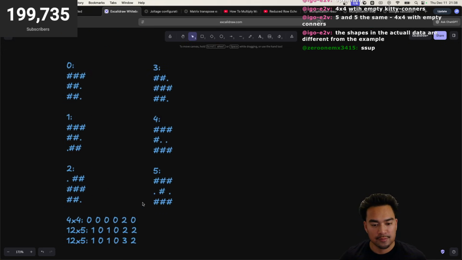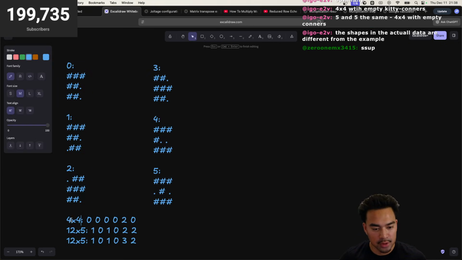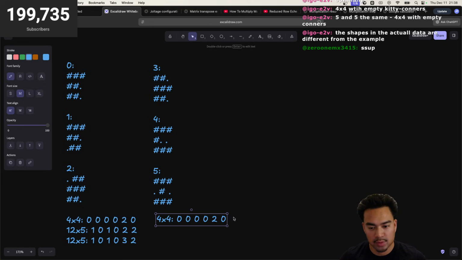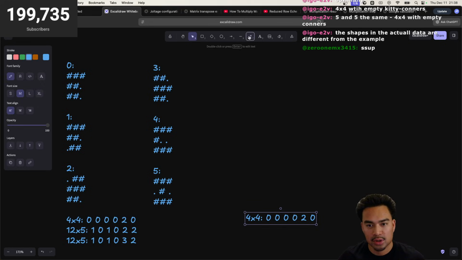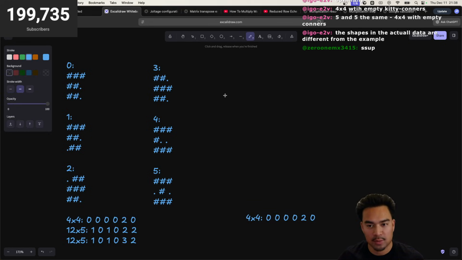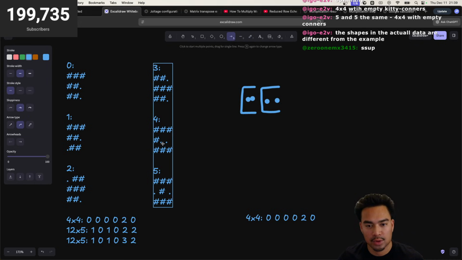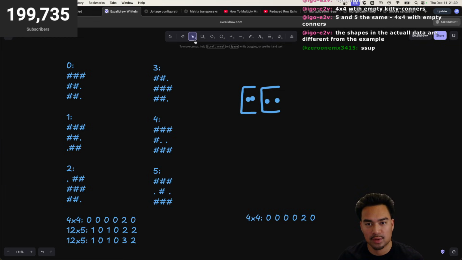Suppose this is the one we're looking for. What are the different ways that we can fit the 4 by 4? We can use 4 by 4 like this. Or let's just look at the different options.